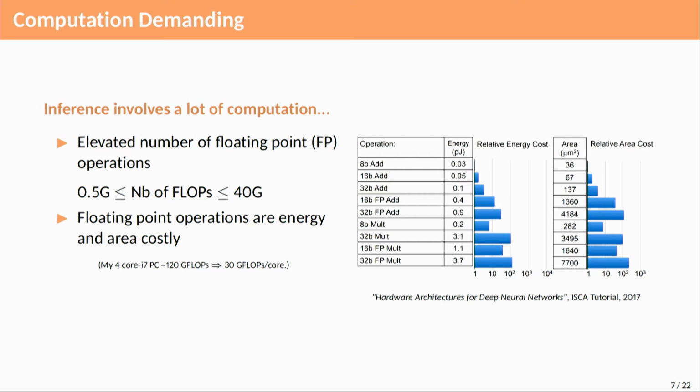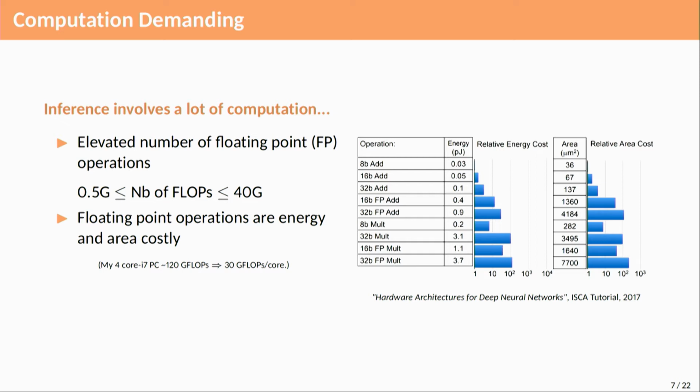Let's have a look now at where the energy is spent. First of all, if we come back to the chart I showed with the neural network architectures, we can see that we were somewhere between 0.5 and 40 gigaflops to be done. And gigaflops are floating point operations.